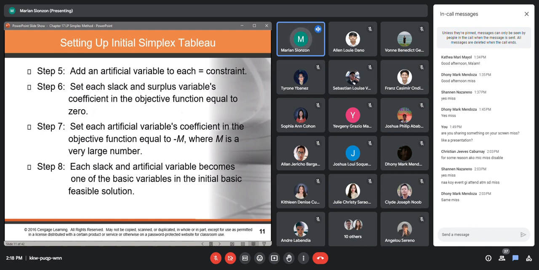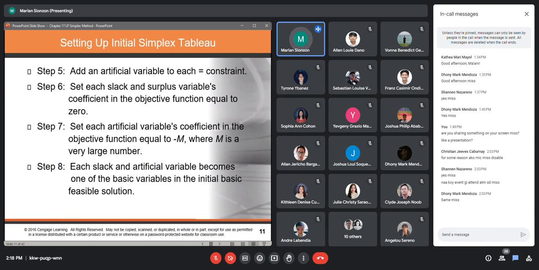Set each artificial variable coefficient in the objective function to be equal to -m, where m is a very large number. I think I have mentioned it to you. For example, when you are going to have minimized cost in a mixture. So what's the role of the artificial variable?